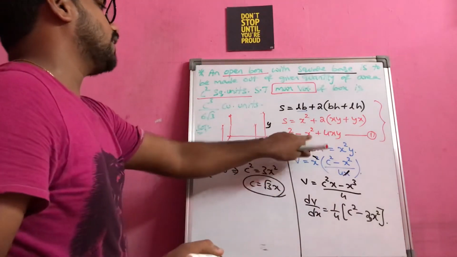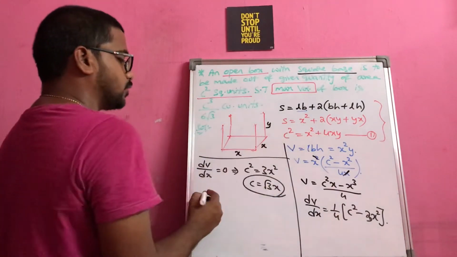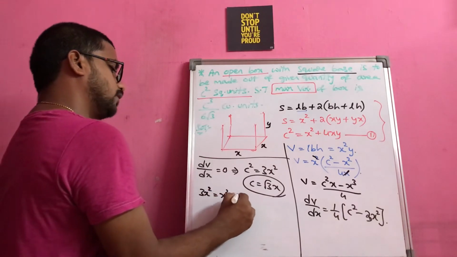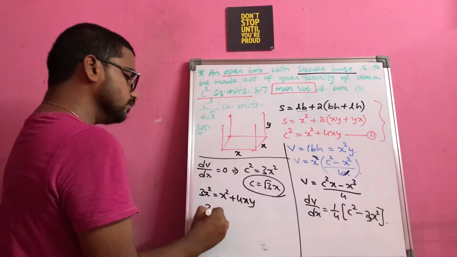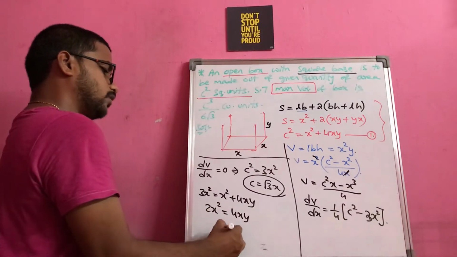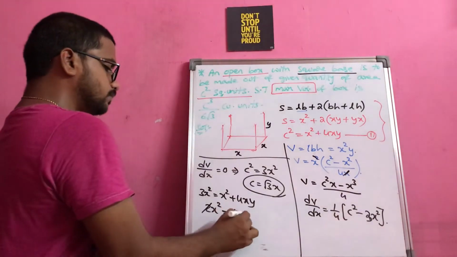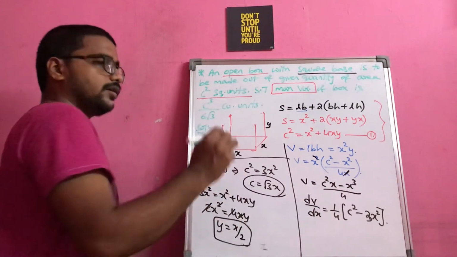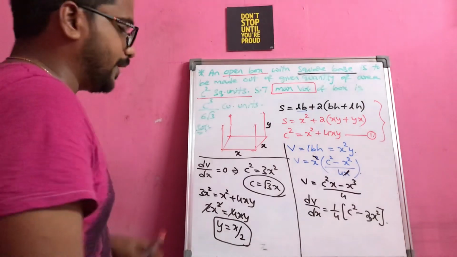If I substitute that here, c square as 3x square equal to x square plus 4xy, 2x square equals 4xy, y is equal to x by 2 I am getting. Okay, y is equal to x by 2.